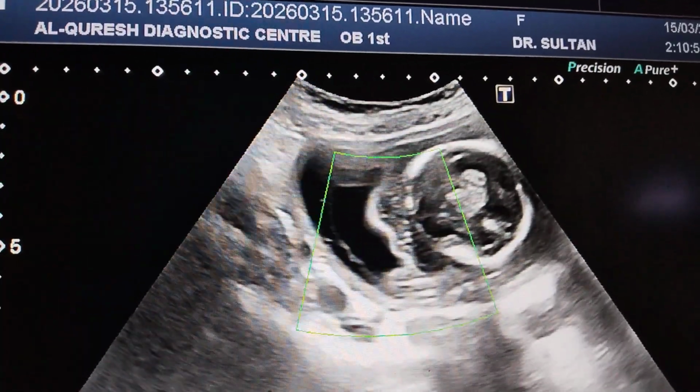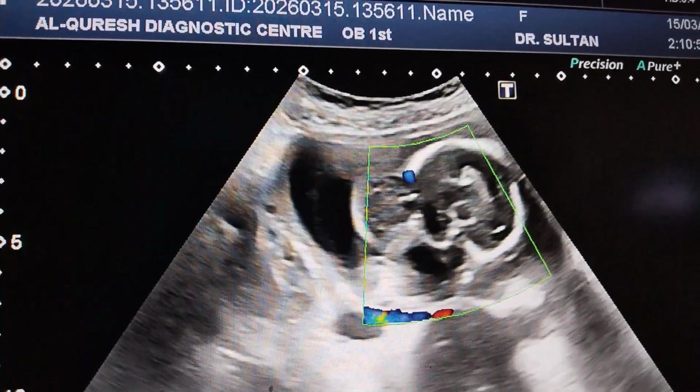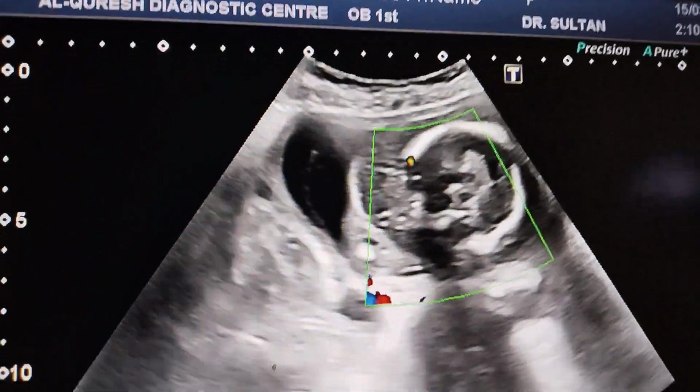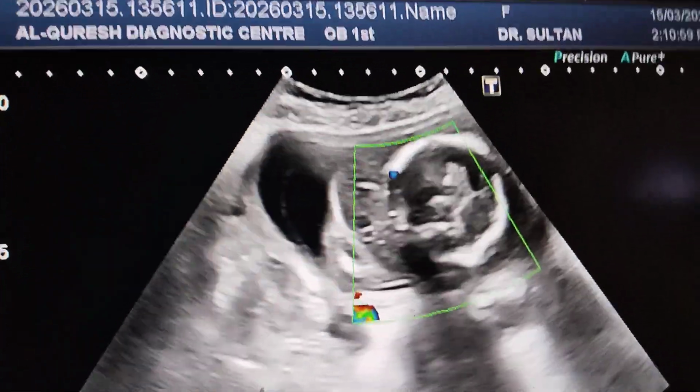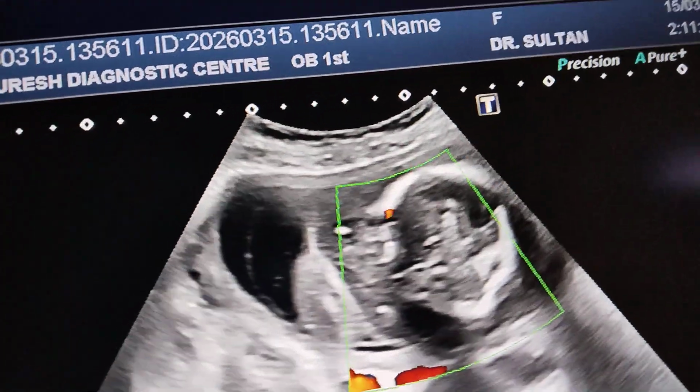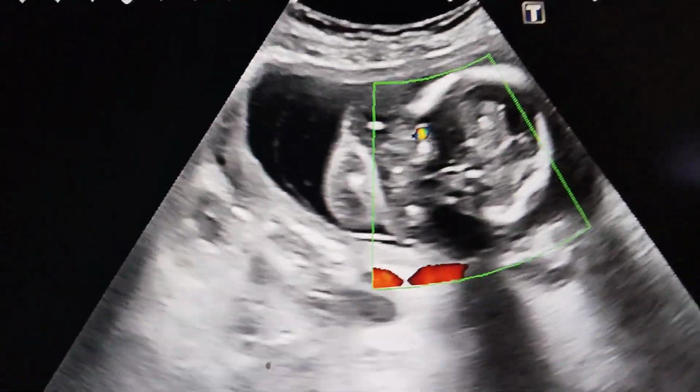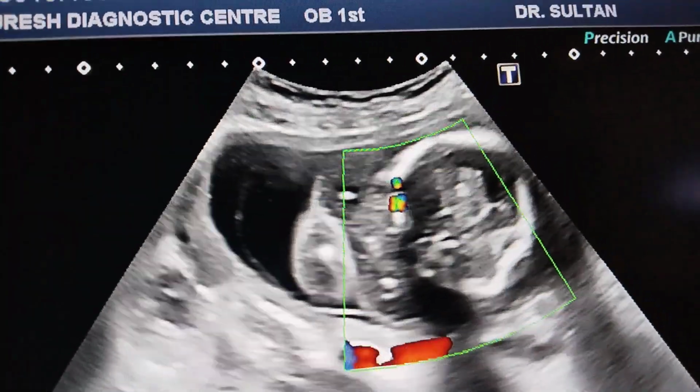So this was all about the fetal hydrops fetalis, non-immune versus immune.